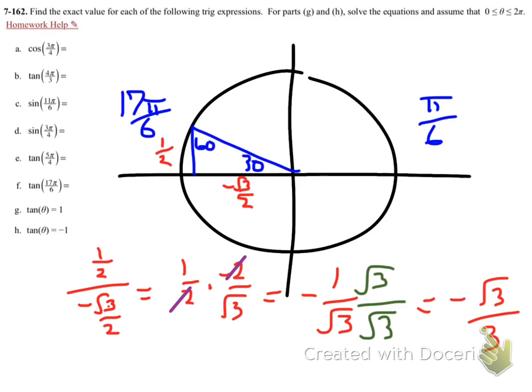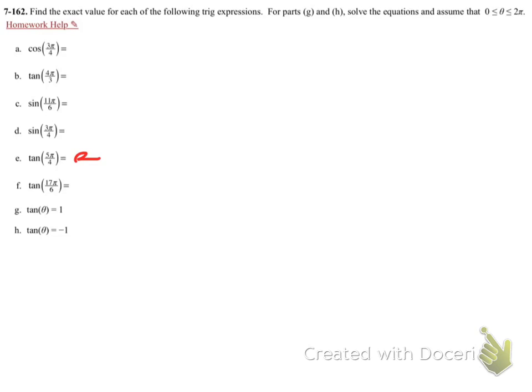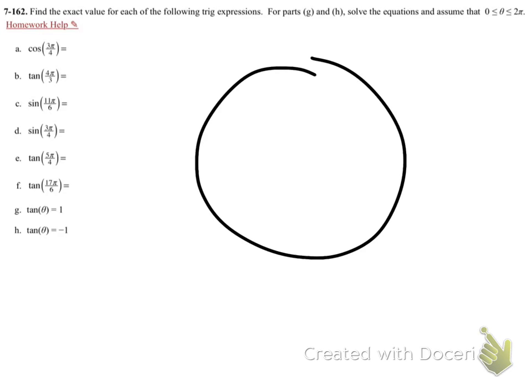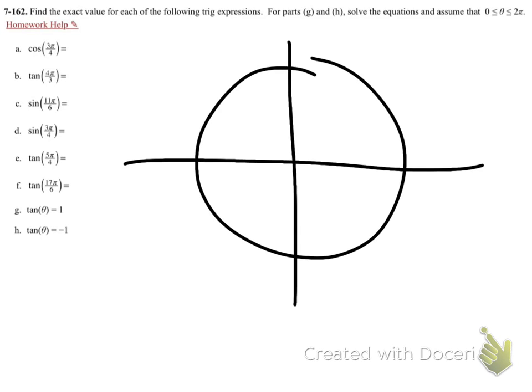The last problems then. We already kind of took a look at problem G when we did this one right here. And the answer here, so when is tangent going to equal 1? Well, if I have a slope triangle right here, there's my right angle.